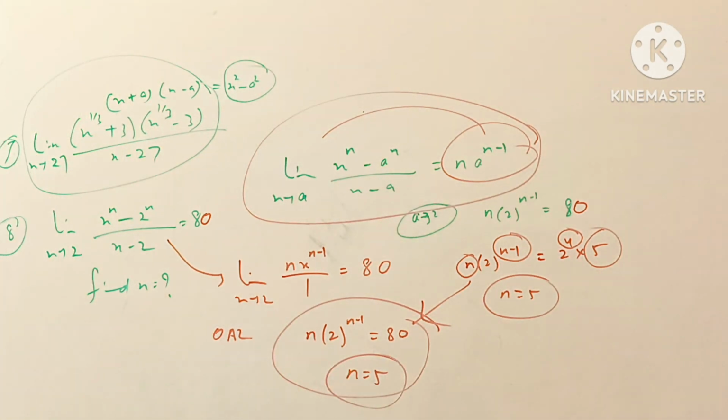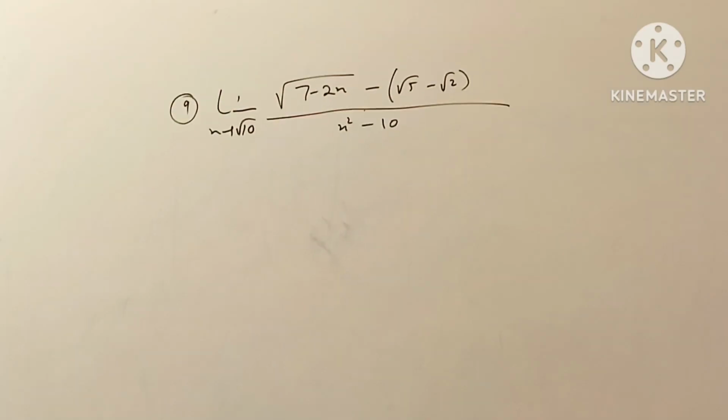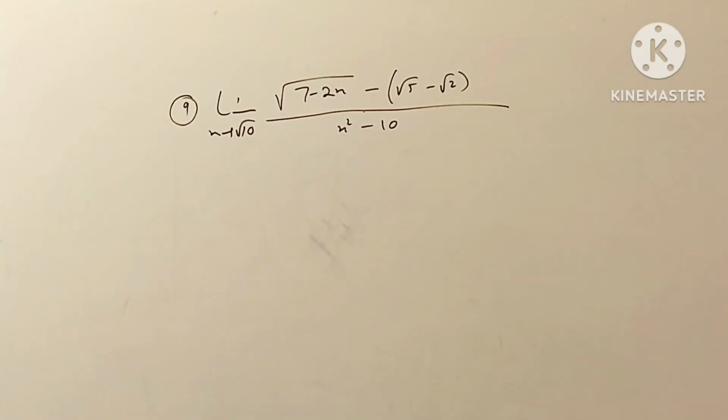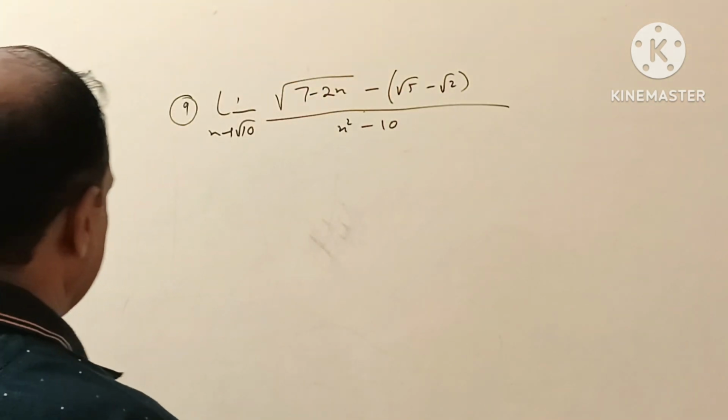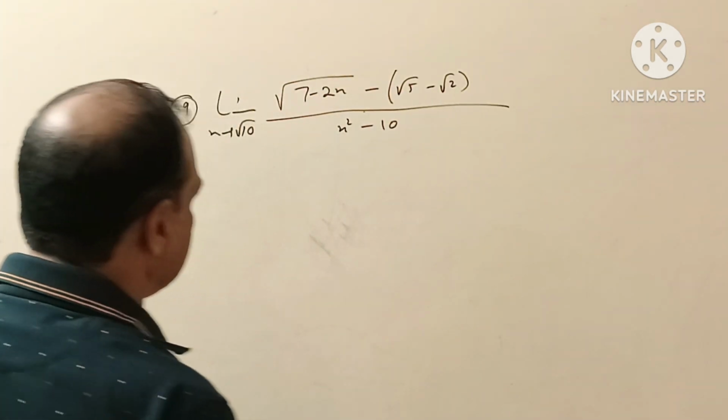Okay, now we have to start with the next question. Wait. Now see here, this is our question. Limit x is tending to under root 10, of under root 7 minus 2x minus bracket root 5 minus under root 2 bracket close, over x square minus 10. This is the required question.